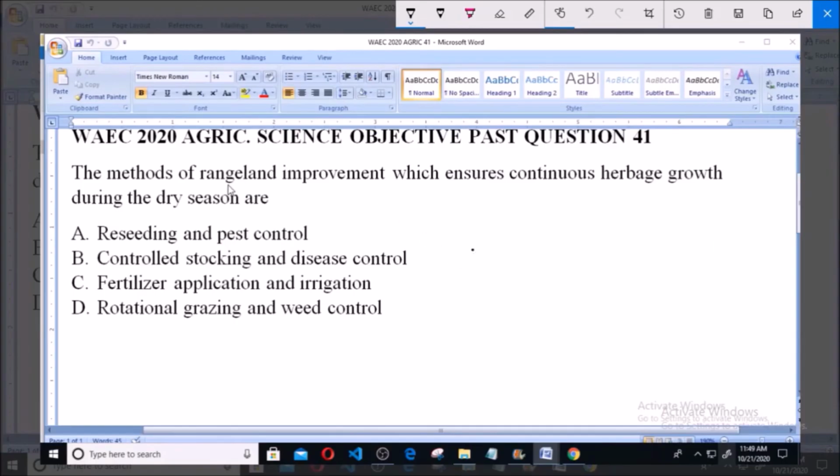So we're looking at rangeland management, specifically rangeland improvements. The question asks for the method which ensures continuous herbage growth, that is growth of the grasses in the rangeland, during dry season.